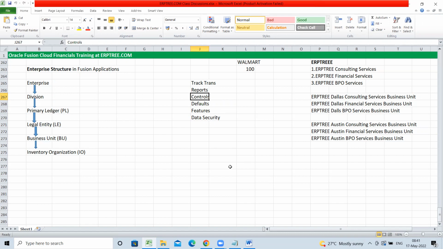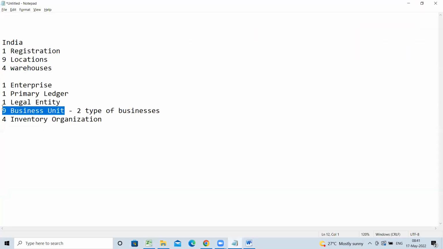You will lose the opportunity of managing and recording the business transactions, the more controls and defaults, and enabling or disabling the security. That is the reason you always depend on business units.